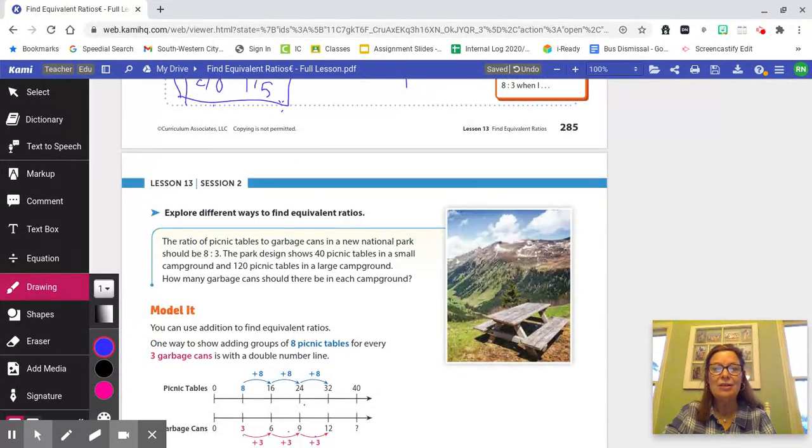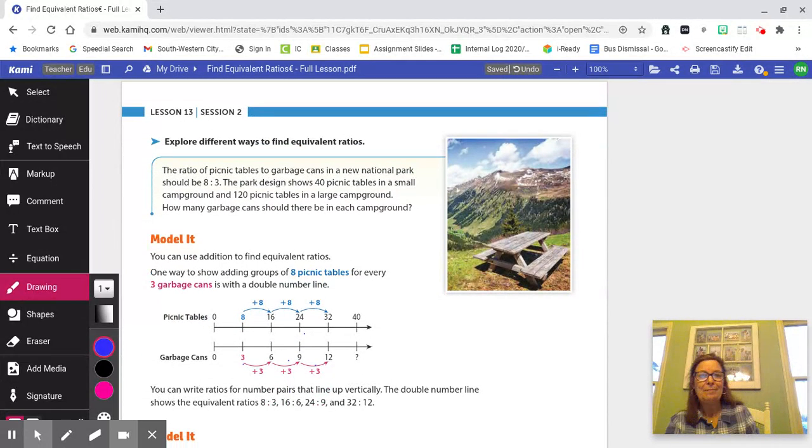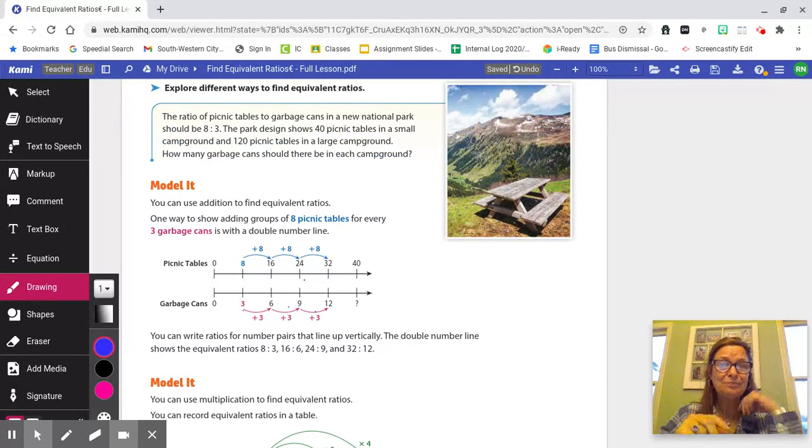And let's look at the models. So you can use addition to find the equivalent ratios. They've used a double number line. And if you'll notice, the ratios are right over top of each other. So 8 picnic tables, I have 3 garbage cans. I added 8, I got 16 picnic tables and 6 garbage cans.